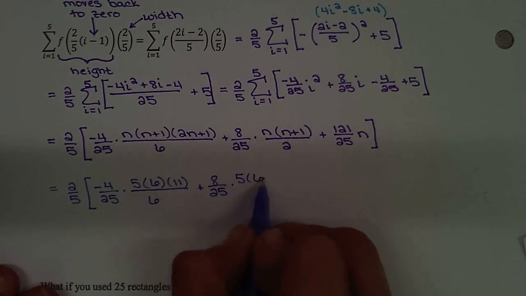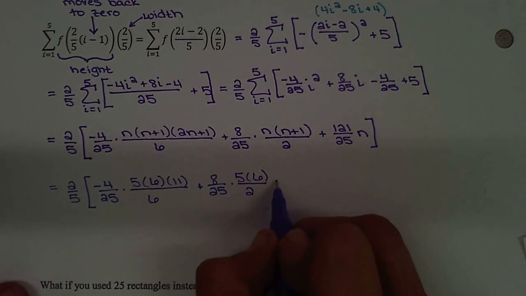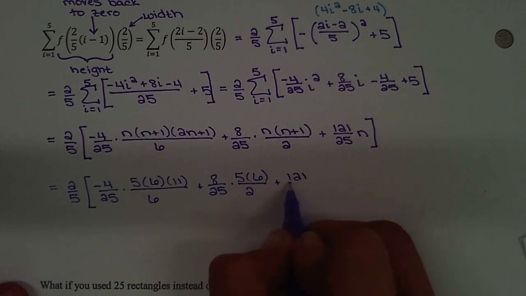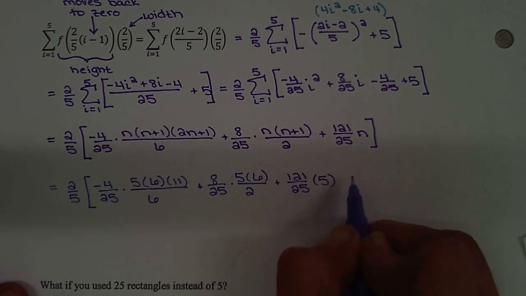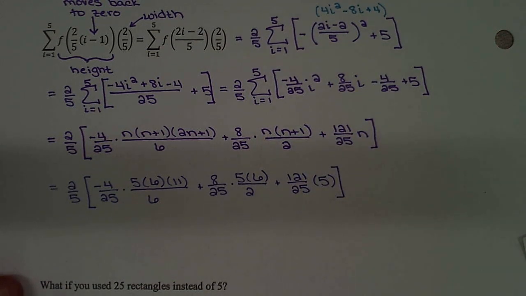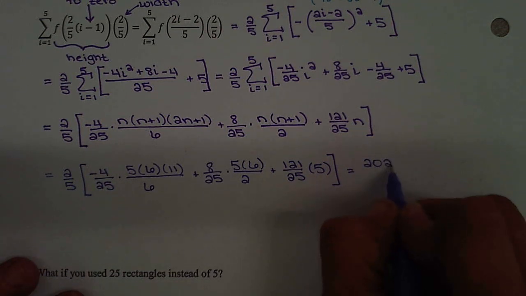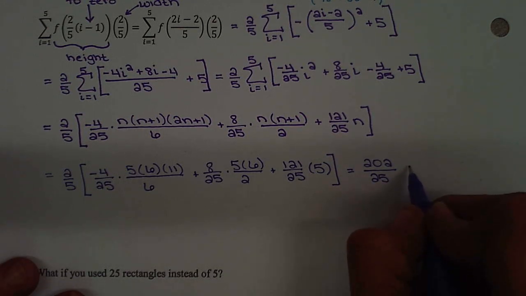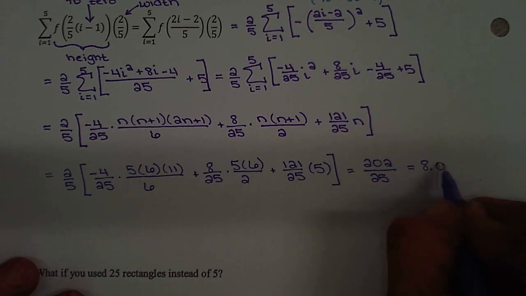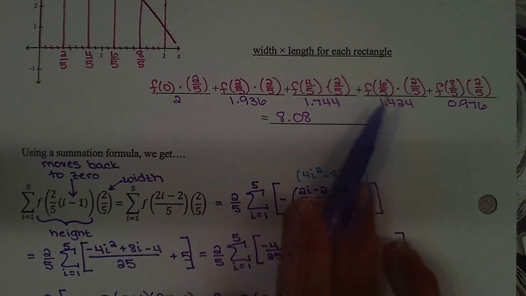One more makes 6 over 2. And then this last one is going to be plus 121 over 25 times n, which is 5. And now if we plug all this into the calculator, it's going to spit out 202 over 25, which is the same thing as 8.08. So the exact same thing we got up here by evaluating.